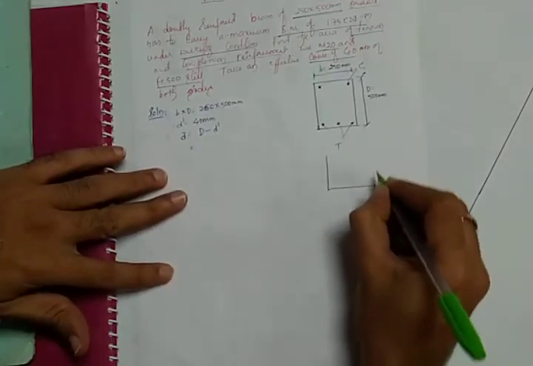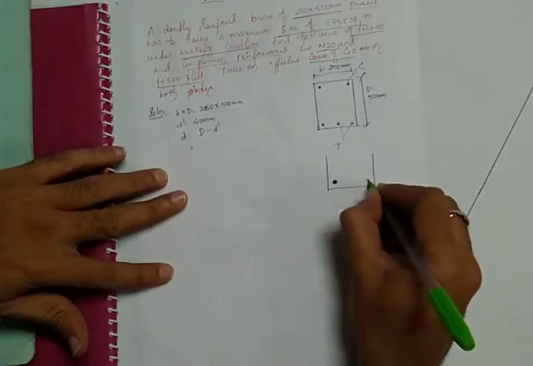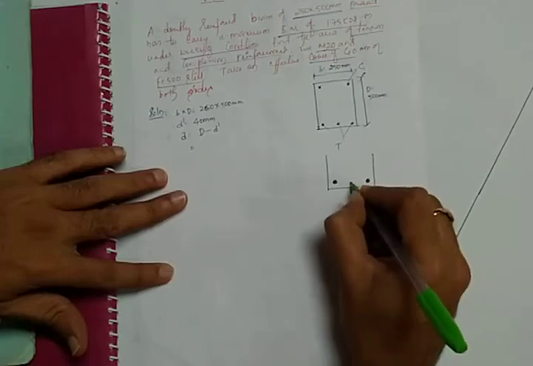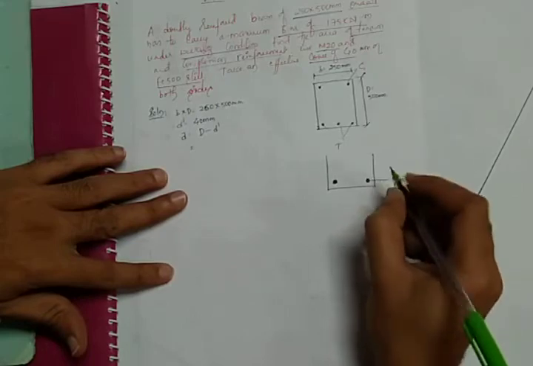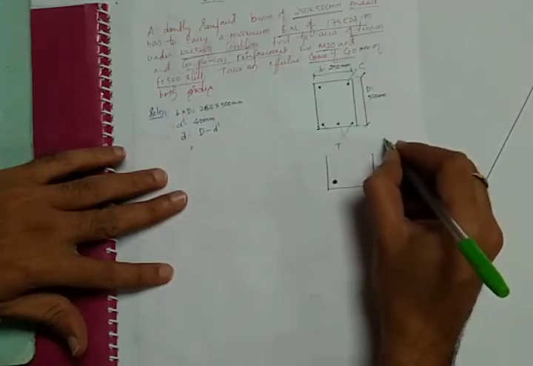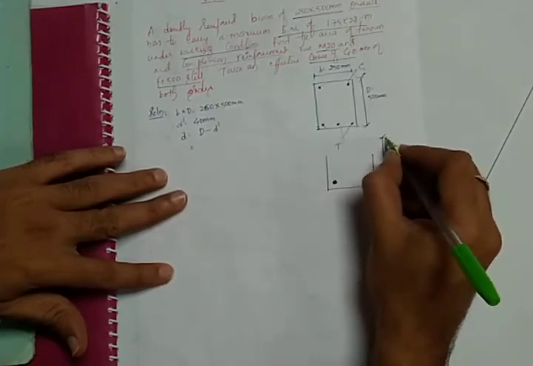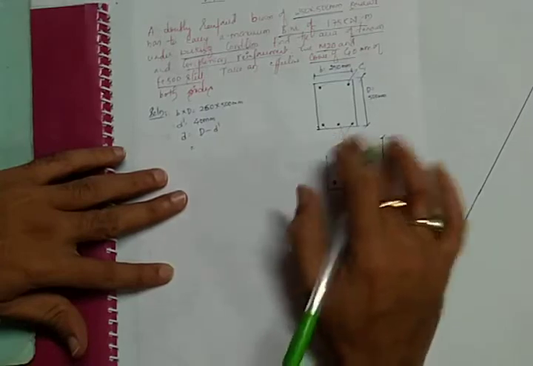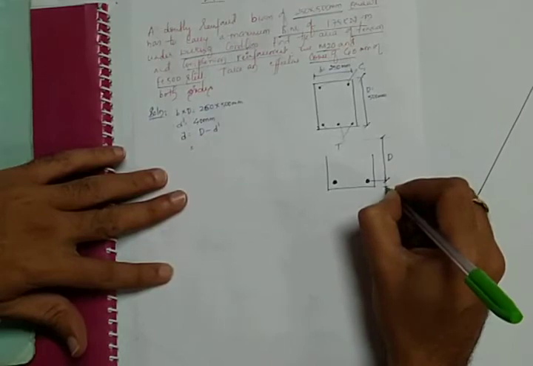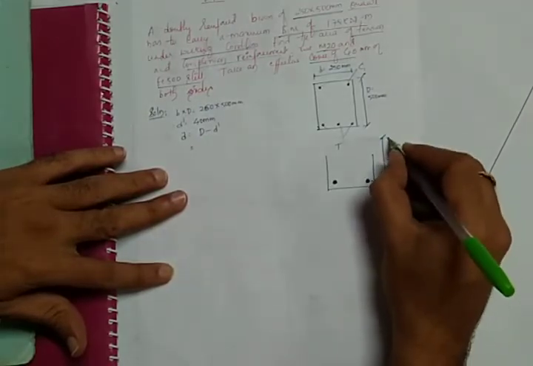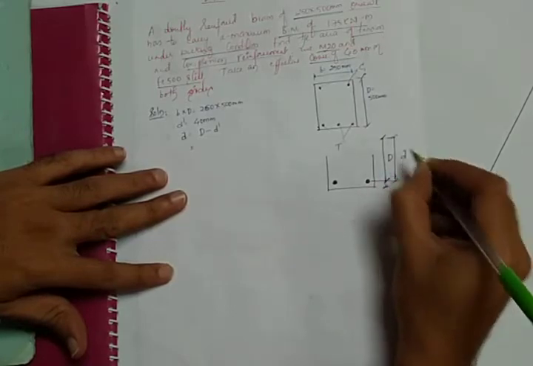If this is a beam, and this is the reinforcement provided at the bottom, there is a center line for this reinforcement, and capital D is always measured from the top compression face. The total depth will be capital D. If we measure from the compression face to the center of the reinforcement, that is defined as small d.